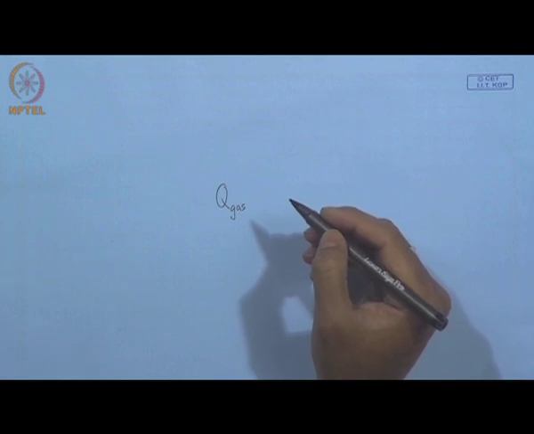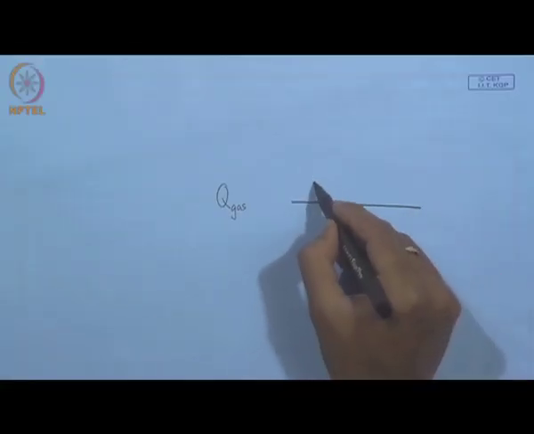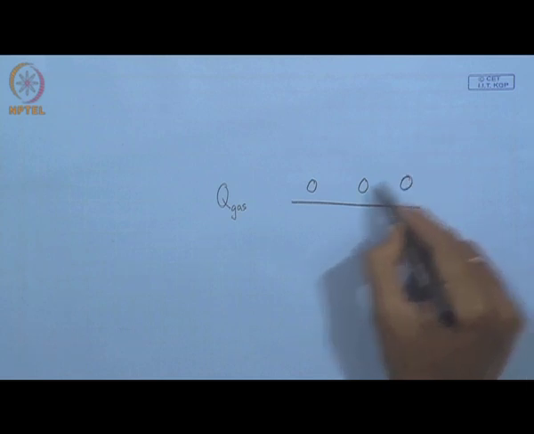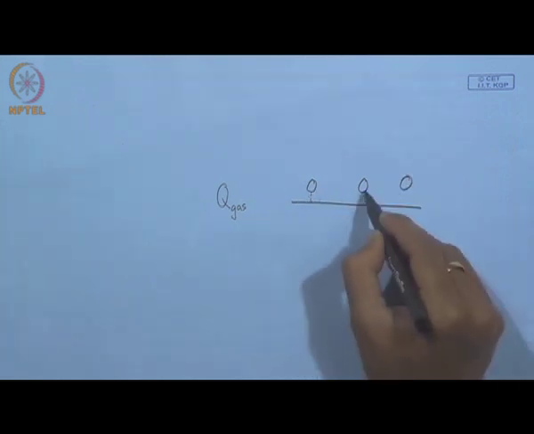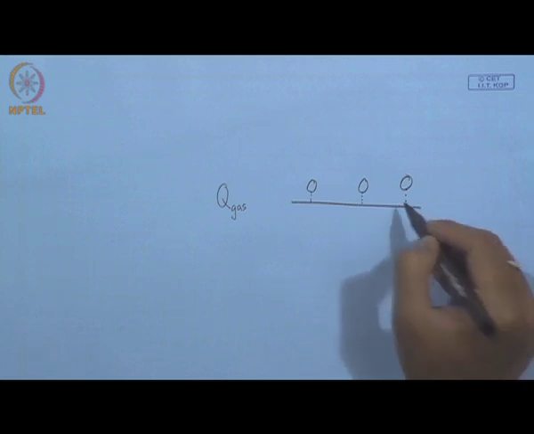However, since the atoms are immediately immobilized, you have got the surface over here and your atoms are here. Immediately after adsorption they will find their own site, that is, the sites which are fixed for them, a permanent site like that.